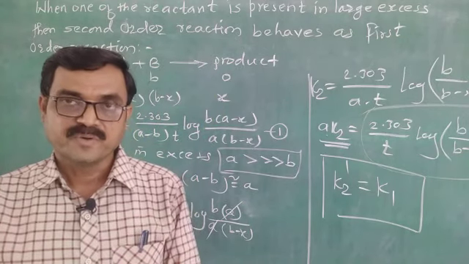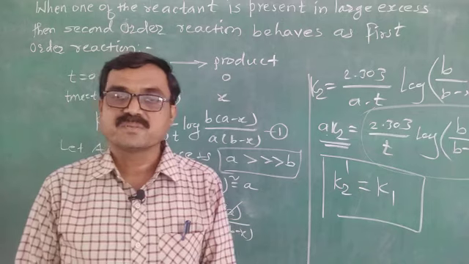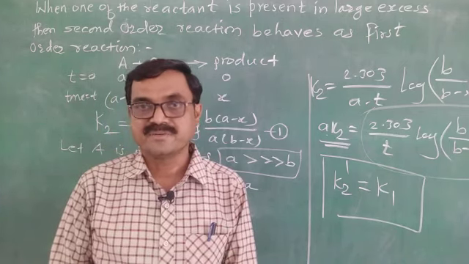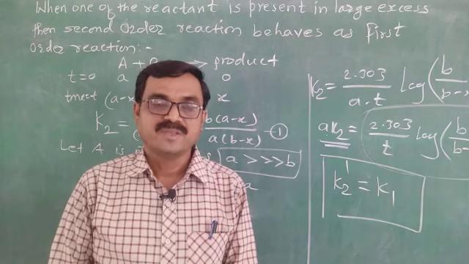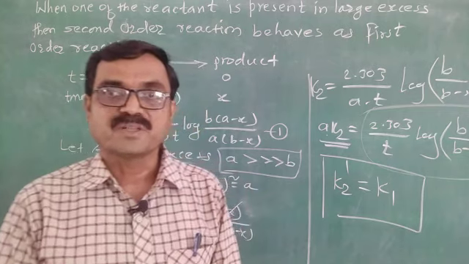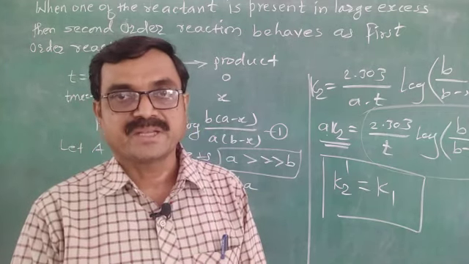And before this, you came to know the equation for rate constant K2 for second order when initial concentrations are different. Now in the next period, we are going to see the methods for the determination of the order of a reaction.